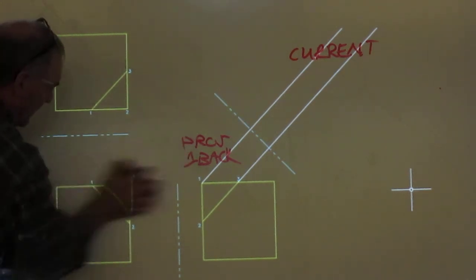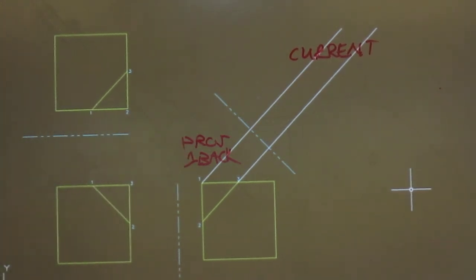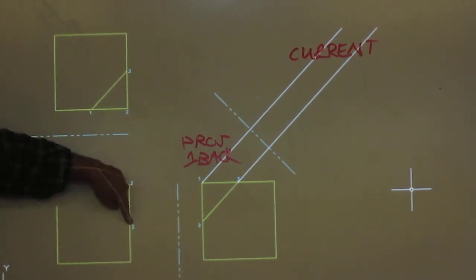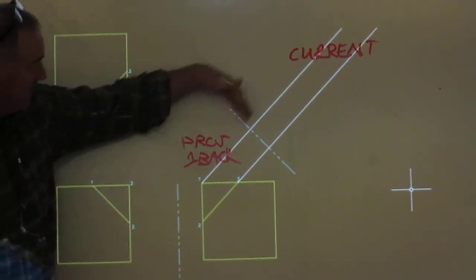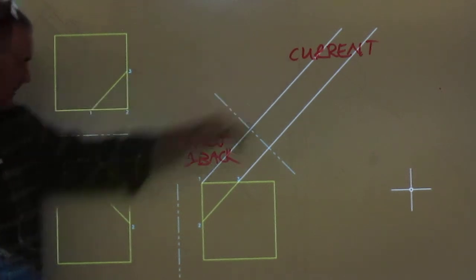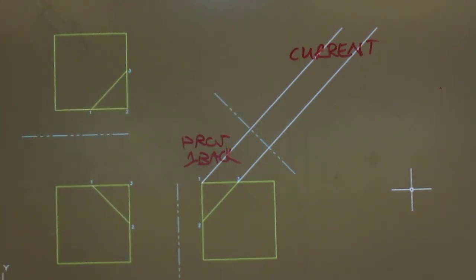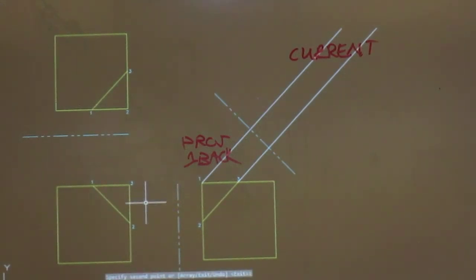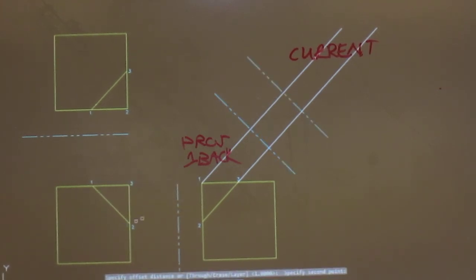So the thing I need to now do is go fold line to point. Now notice point 2 and 3 are parallel, so I only got to do one of those. So I'm going to do an offset command again, and I'll just come from there, that's that point.